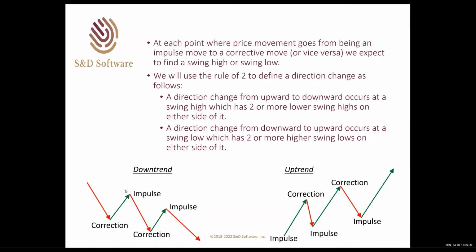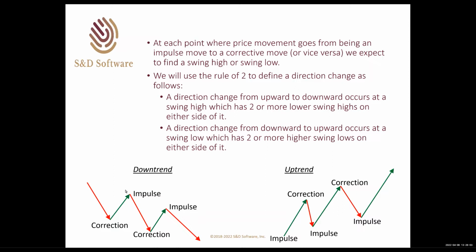Trend is one of those things that is very fractal. And mathematically, when something is fractal, you can divide it infinitely, and you always end up with something that has the same properties as what you started with. And trend is kind of like that.